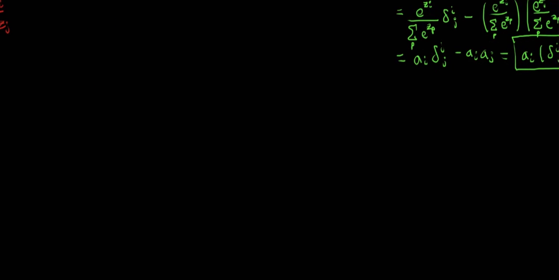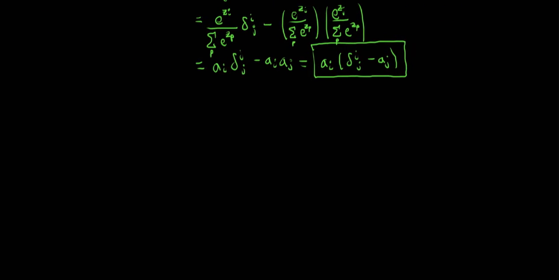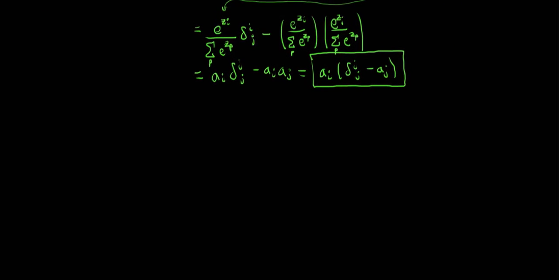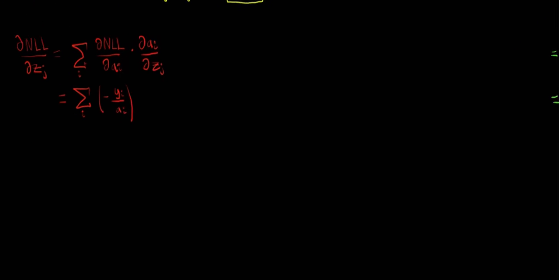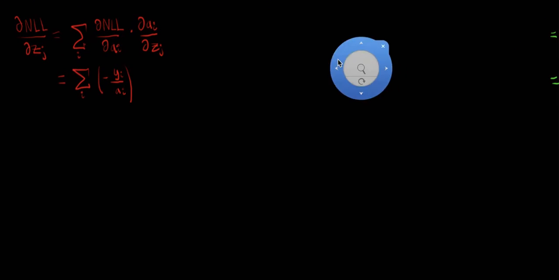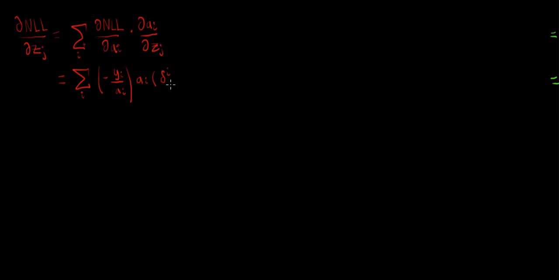And the other result, if you don't remember, is this, AI times delta IJ minus AJ. So we can write that here. So this is going to be AI times delta IJ minus AJ.